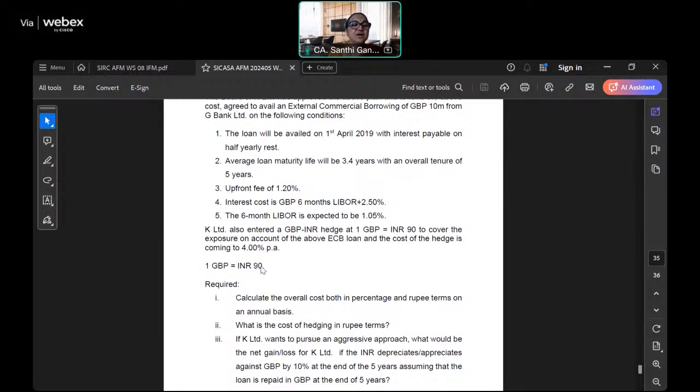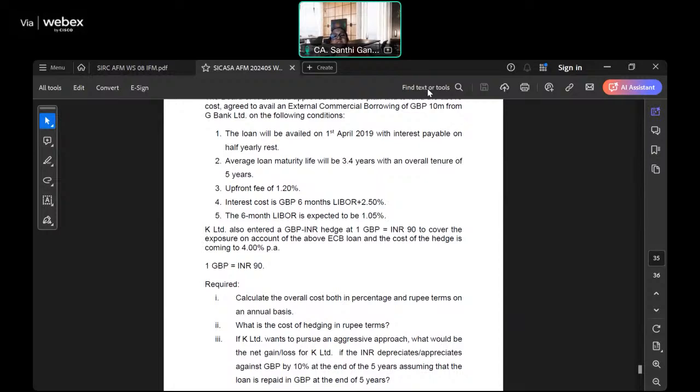So how to find weighted average life? Let us say weighted average life. This does not have any connection to the problem we are doing now.